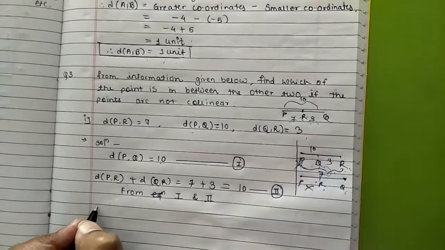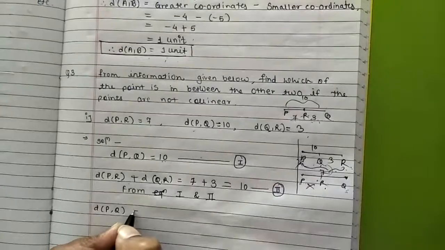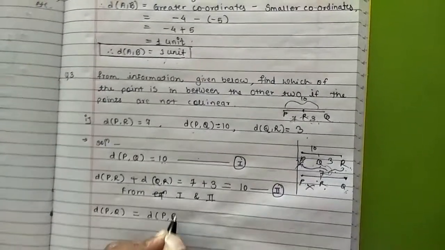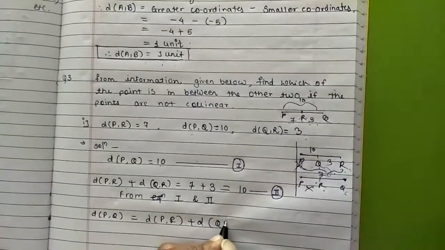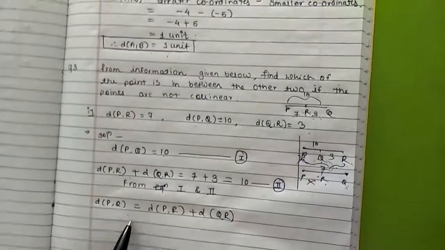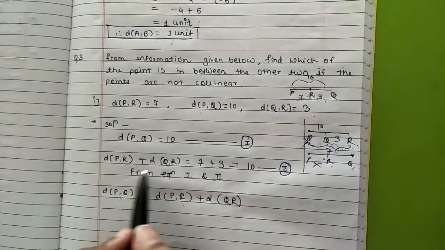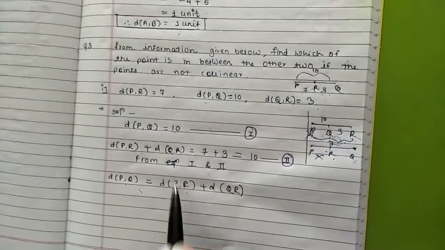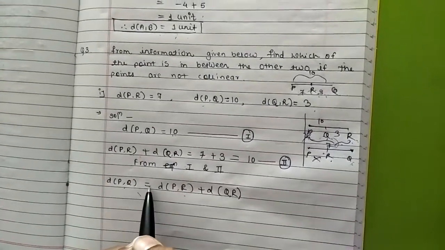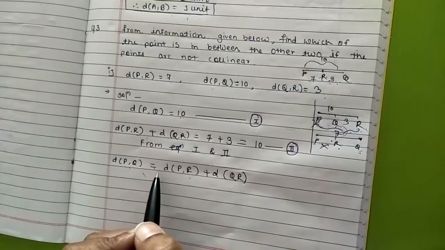So write down that one. So distance of PQ is equal to distance of PR plus distance of QR. See, it is 10 and this is also 10, which means the longest distance is equal to the addition of the remaining two distances. So since the addition is equal, these 3 points are collinear.